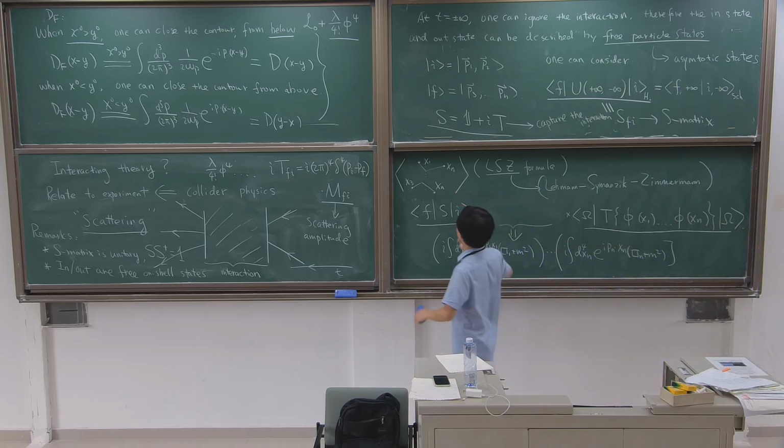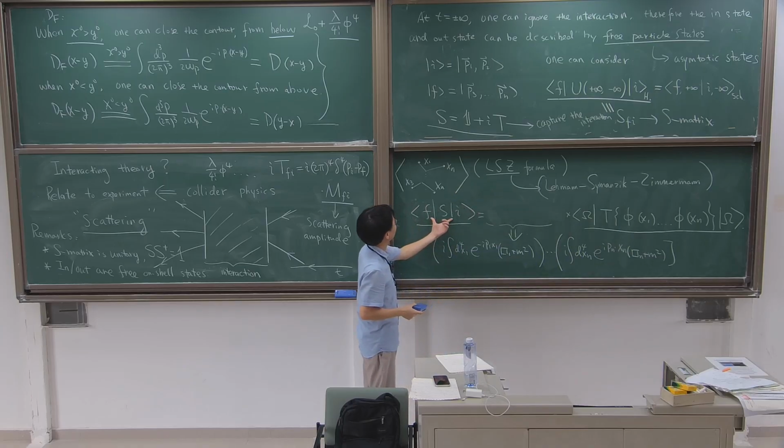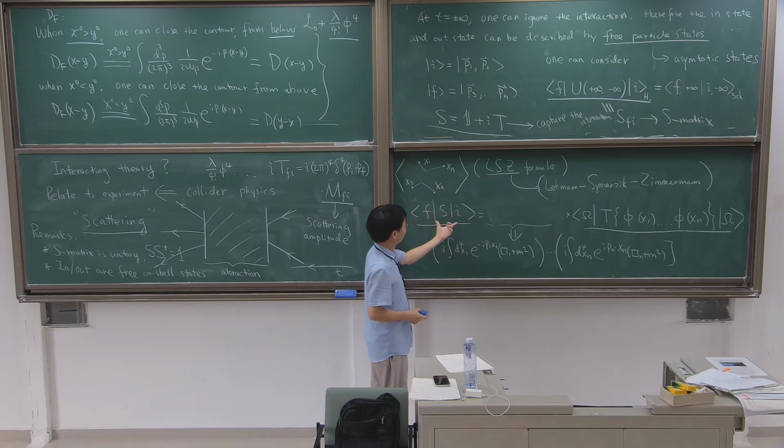Now, what happened for this one? As I said, these are just incoming, corresponding incoming particles and outgoing particles. Okay. Then this is the so-called S matrix.